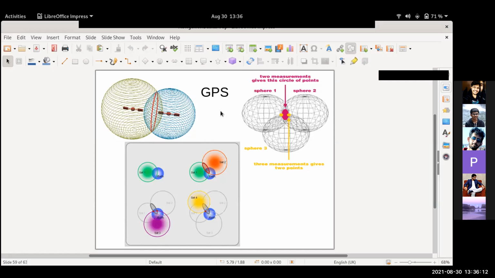So what is being computed in your mobile phone is the distance from yourself to the satellite. Once you know where the satellite is and the distance to it, you will know the sphere around which the user location is placed.